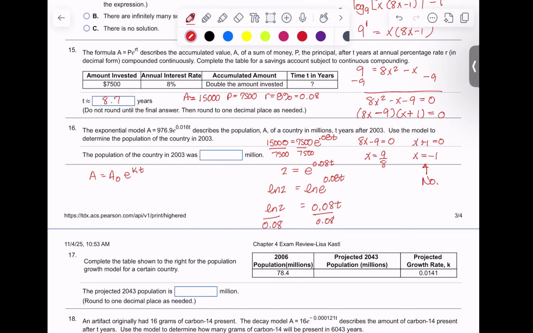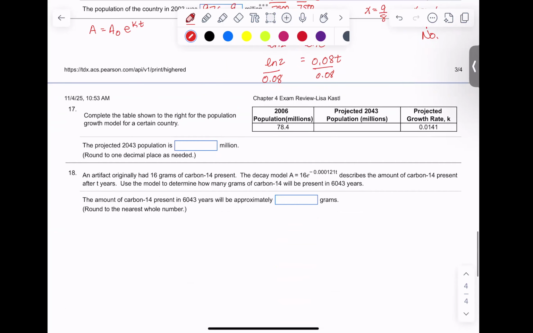And if I raise any base to the power of 0, I get 1. So this model says the initial amount is 976.9. That is the initial population in this growth model. So whatever that coefficient is, that is your answer. So don't get this wrong, 976.9. That's a free point for you.